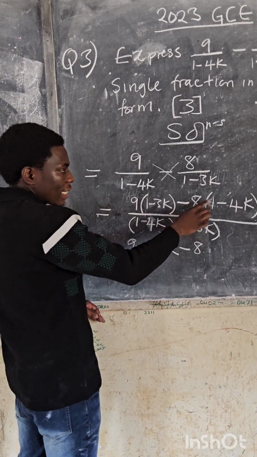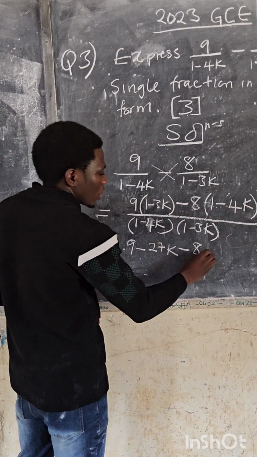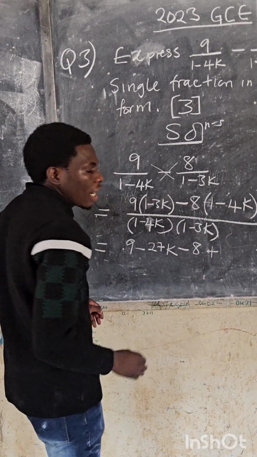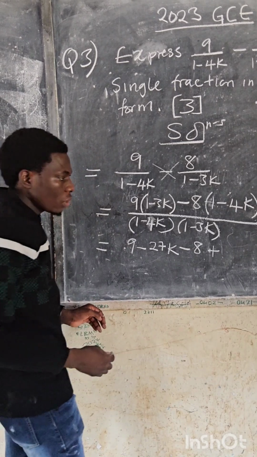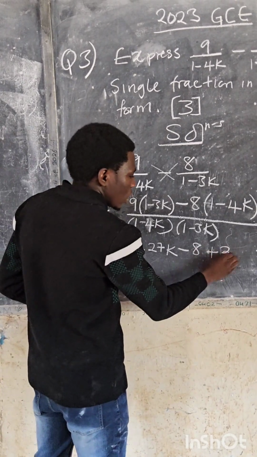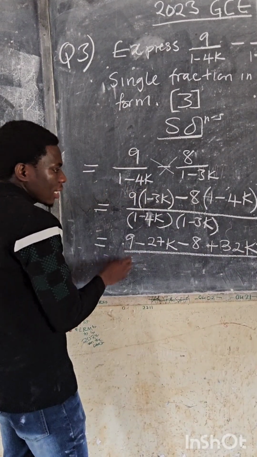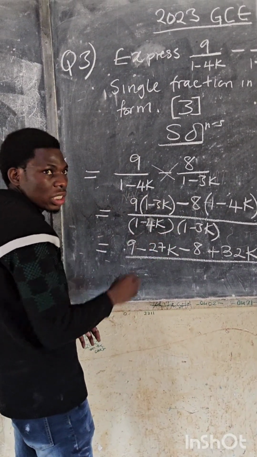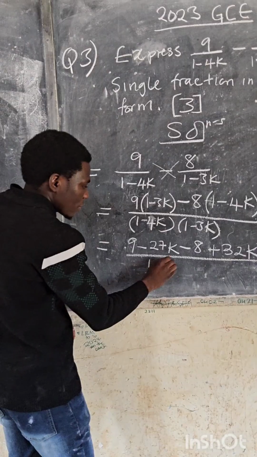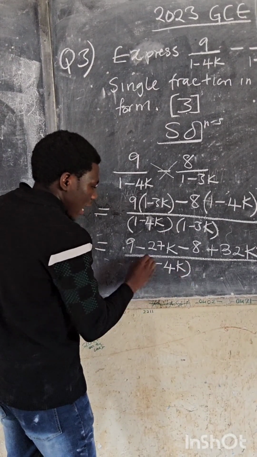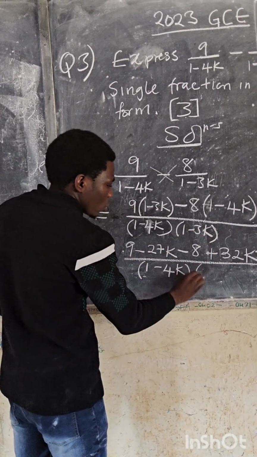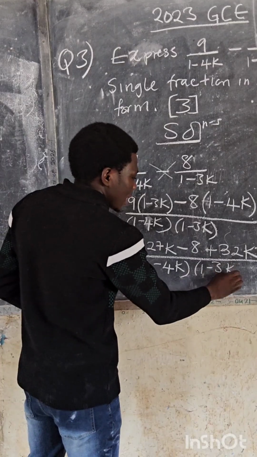Then negative 8 times negative 4k is a positive, and 8 times 4 gives 32, so we get 32k. This is divided by the two factors below, 1 minus 4k times 1 minus 3k.